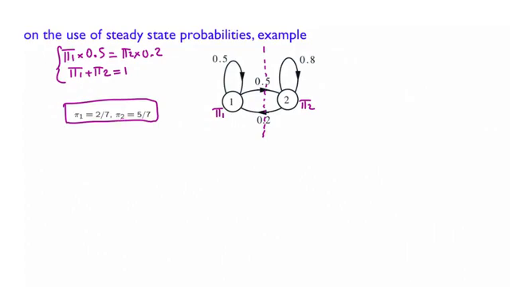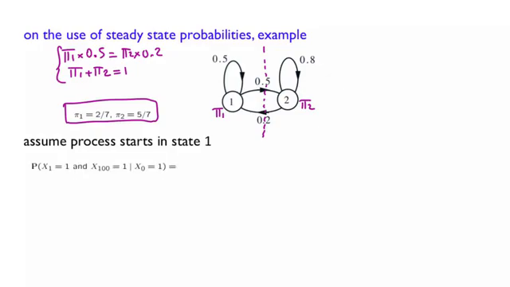Let us now try to calculate some related quantities. Suppose that you start at state 1 and you want to calculate this particular probability. So you start at state 1 and you want to know the probability that next time you will be in state 1 and 100 time steps later you are still in state 1.